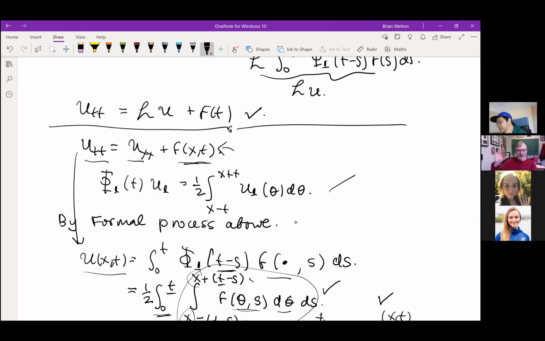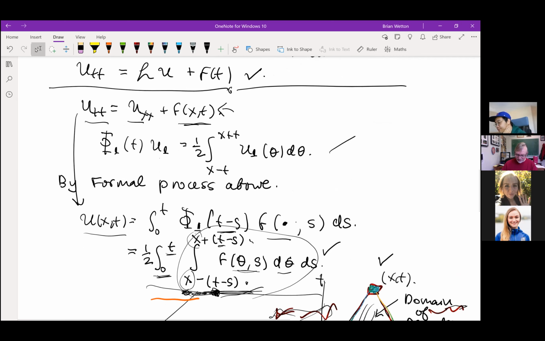So those are Green's functions, right? DuHamel's principle is a relationship between those Green's functions. It's saying these things are not independent. I get one, the forcing one, by integrating this other one, right? Both of these are Green's functions, if you want to call them that. And DuHamel's principle is the relationship between them. Is that clear?